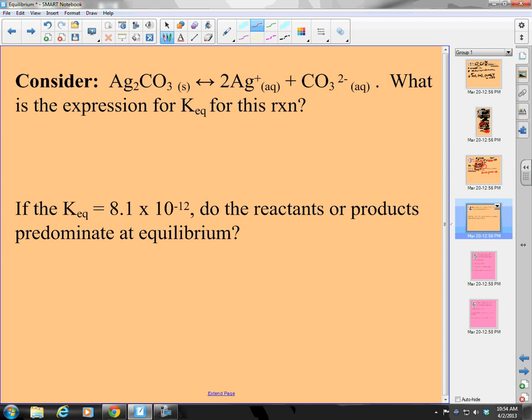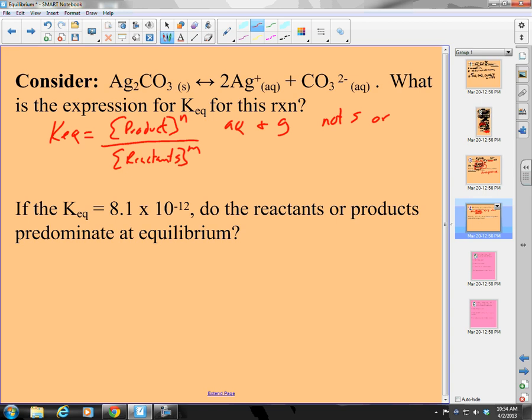Well, we want to be careful here. What's the expression for KEQ? We said KEQ is equal to the products to their power, I'll call it N, over reactants, whatever they are, to their power, we'll call that M. But we said be careful. This is only for aqueous and gases, not solids or liquids.